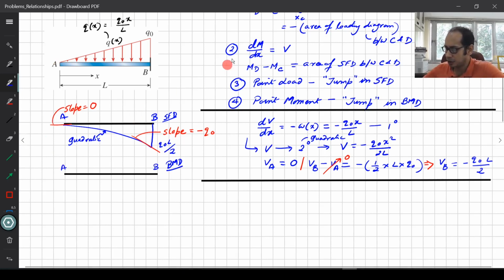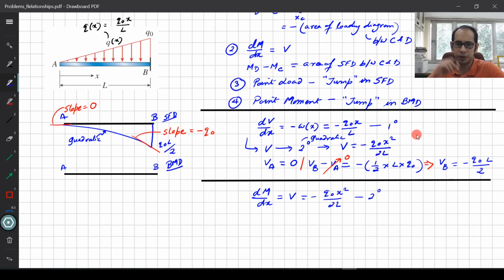So let's look at these relationships. I know that dM/dx equals V, and in this particular case I have also written the expression for V, which is minus Q naught x square by 2L, degree 2 because we saw the shear is quadratic. That tells you that your M will be cubic.